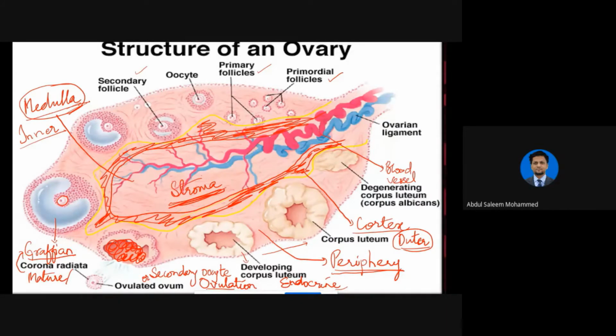There are other connective tissues present within the stroma, and all these tissues together form rich vascularization. Along with vascularization, you can see the glandular portion also, where the hormones are released. So in this way, the ovaries are developed and fully formed when the female attains maturity.